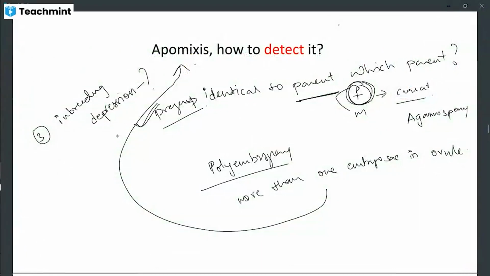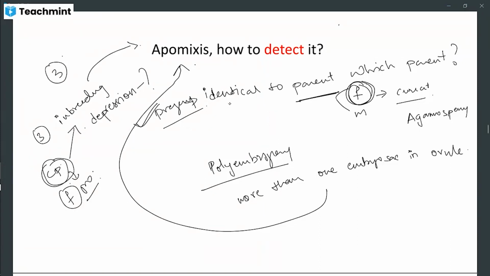So I just gave you a cross-pollinated crop and it is identical to its female parent. Always all these progeny are identical to the female parent, and there is no inbreeding depression at all. This is a condition of apomixis. So there are three conditions. One, progeny directly identical to the female parent, whether the species is self-pollinated or cross-pollinated.